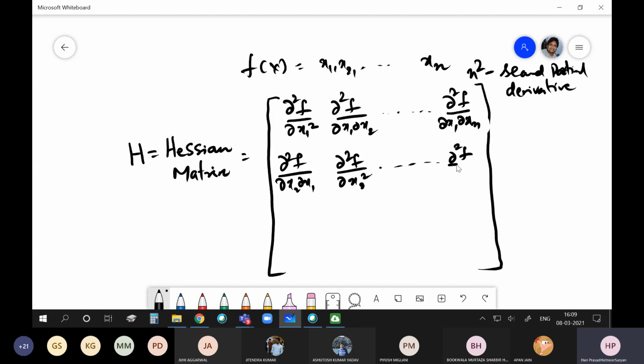This is ∂²f/∂x2∂xn. Finally we end up with ∂²f/∂xn∂x1.